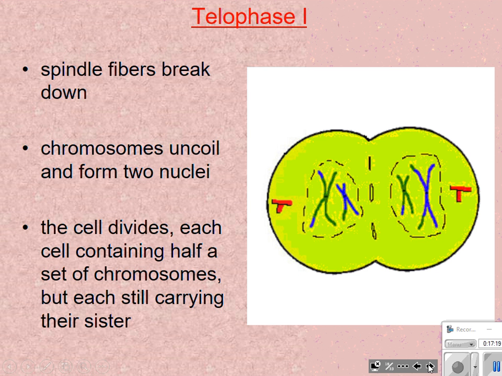So the X's of the same size have split apart, but the sister chromatids are still together. And eventually, you know, this is probably one of the early telophase, because eventually this will split apart and we will have two separate cells. So go ahead and get this guy drawn in your book.